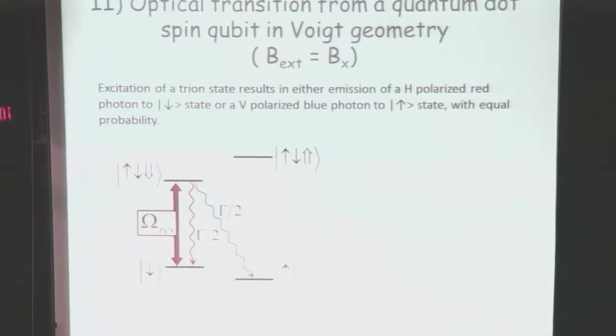And then you have two optically excited states that are, again, non-degenerate if you apply a magnetic field. So the idea is that you apply a laser pulse, ideally a pi pulse, that excites one of these excited states. And as this excitation decays, it can either emit a red photon to go down to the spin-down state or a blue photon to go down to the spin-up state.